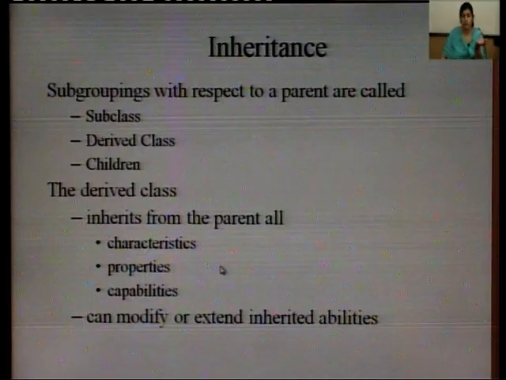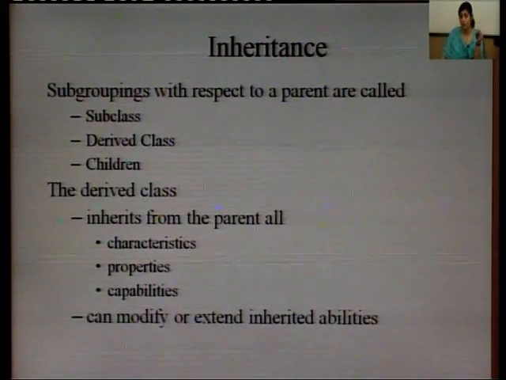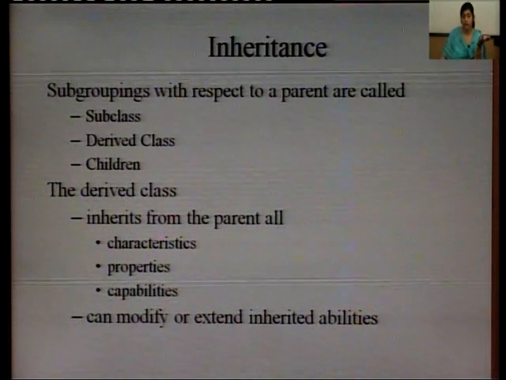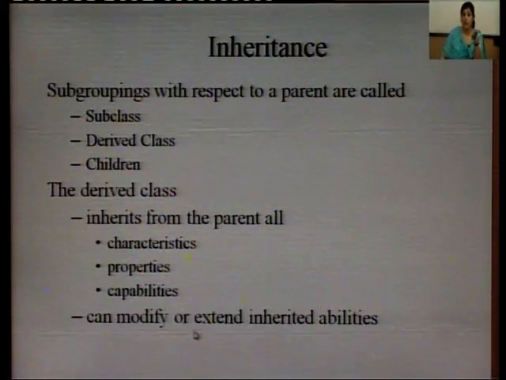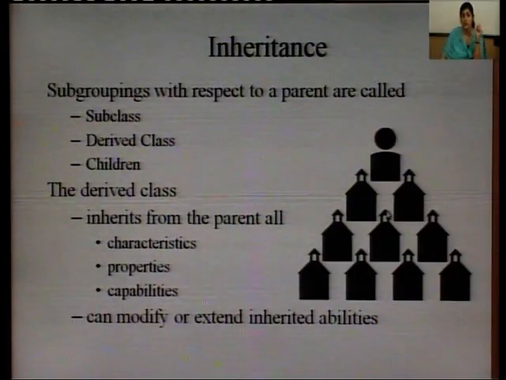Means that if a child having some properties of a parent class, and it can have its own properties too. Clear? Means a base class, derived class can have the characteristics, properties, and the capabilities of the base class, as well as it can modify or extend the inherited abilities of base class. Clear? Now, look at this diagram.